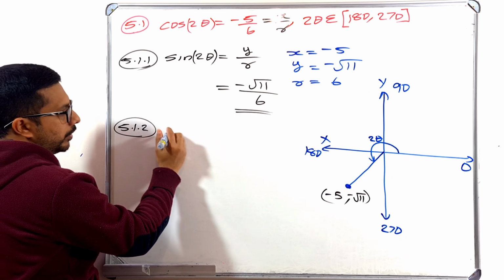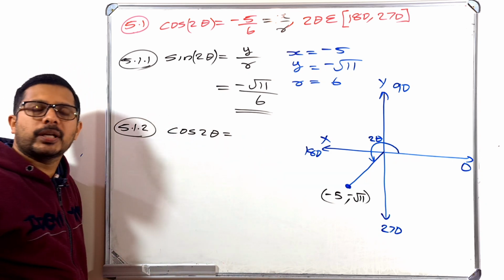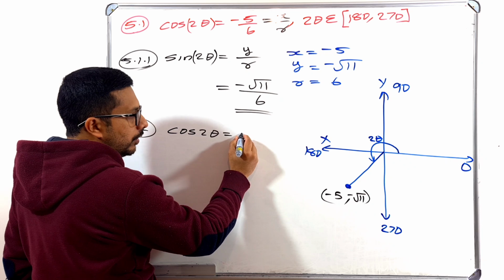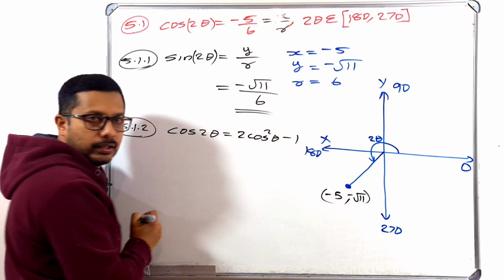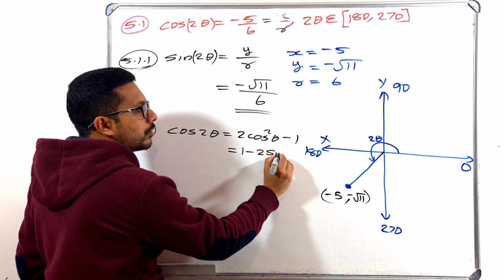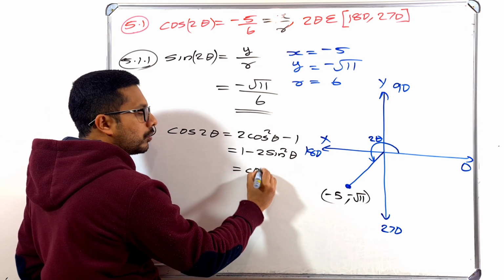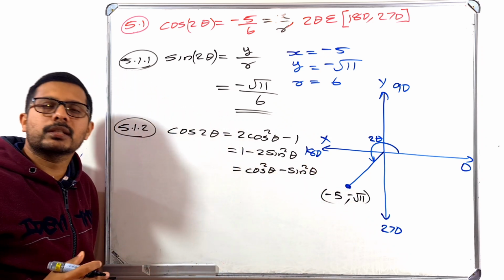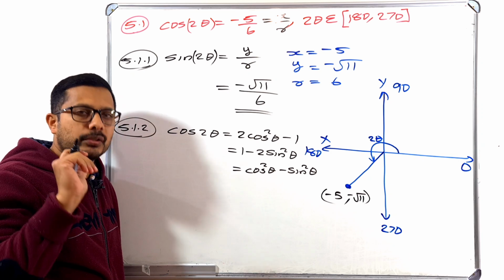We have to find sine theta. So what are the expansions for cos 2 theta? Double angle formula. One formula is 2 cos squared theta minus 1, the second formula is 1 minus 2 sine squared theta, and the third formula is cos squared theta minus sine squared theta. These formulas are on the formula sheet, but my recommendation is to learn them by heart.